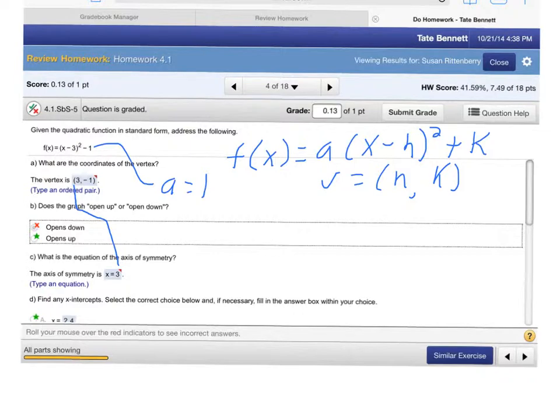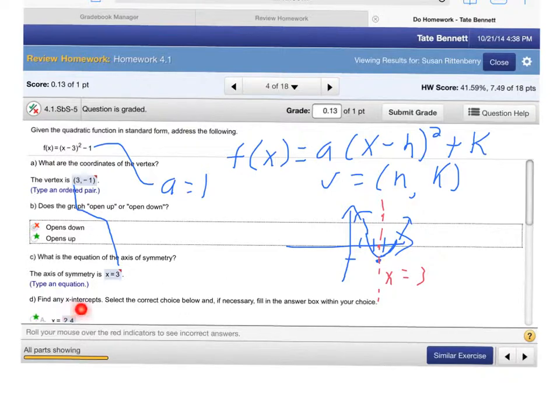If I start to draw a picture here, the vertex is (3, -1), and it's opening up, and the axis of symmetry, I'll draw in red, is a vertical line going through the vertex, x equals 3. Okay.